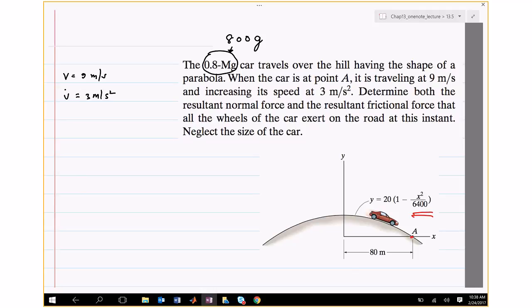Well, this is a problem where they've given you a hint. They've already told you it's a normal and tangential coordinates problem by giving you the velocity and v dot. Since you have to find the forces, it's clearly a kinetics problem. So let's get started with the free body diagram.